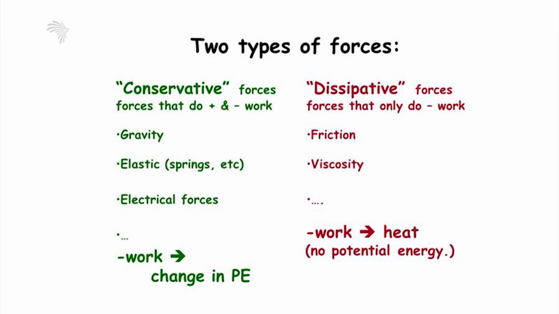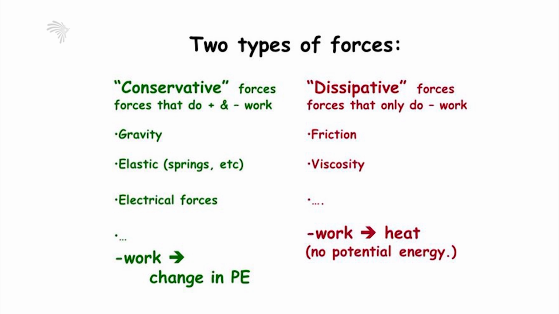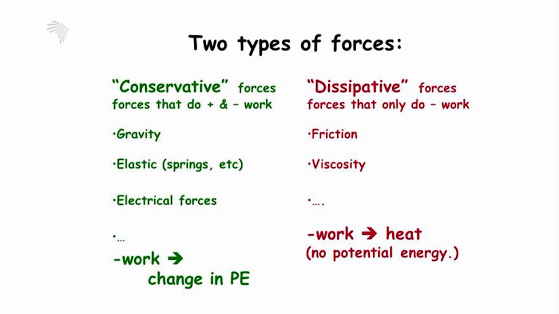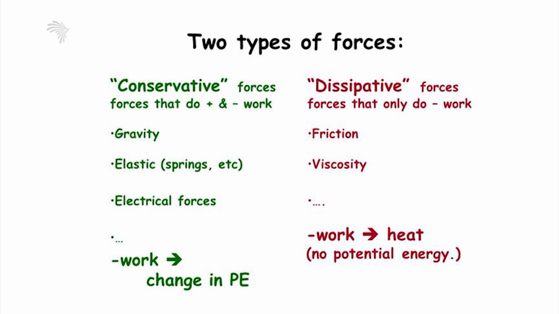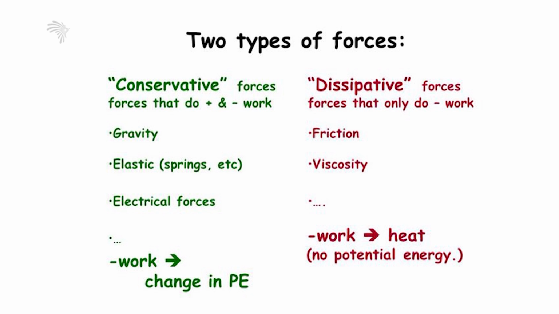When you say conservative forces, these are forces that do both positive and negative work, and in a closed loop these positive and negative works are equal and opposite. When we sum up, the total work done will be zero, meaning these conservative forces do not do any net work in a given closed loop.